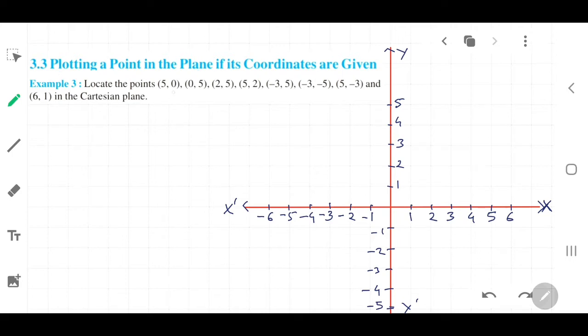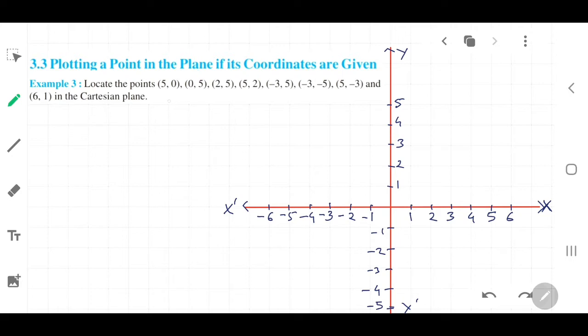Coordinates are (5, 0), (0, 5), (2, 5), (5, 2), (-3, 5), (-3, -5) and (6, 1). So these are the different coordinates that are given to you, and you have to locate one by one. Correct? Now let us see the first one, 5 and 0.